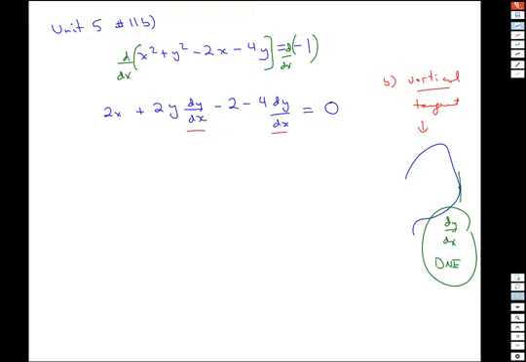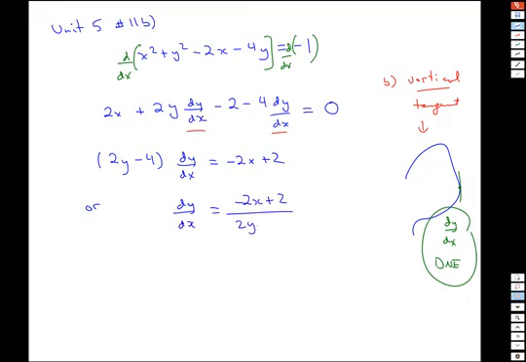And if that's the case, how are we going to track that down? Well, we can isolate dy dx. We have 2y of them minus a 4. If I bring everything to the other side, I'll have negative 2x plus 2, or dy dx equals negative 2x plus 2 all over 2y minus 4. And then we just use that condition. When is this ever going to blow up?